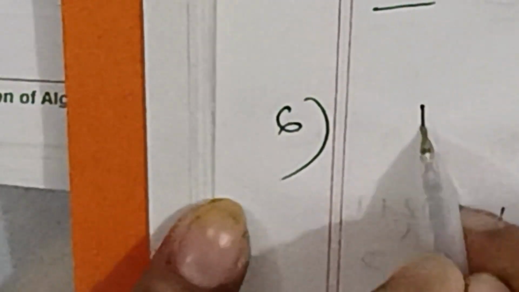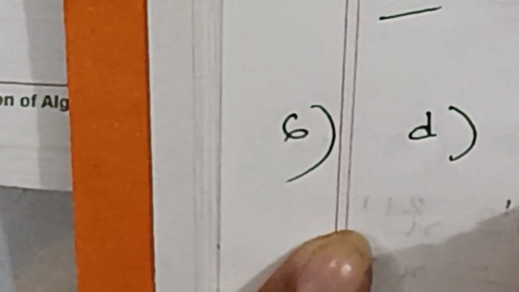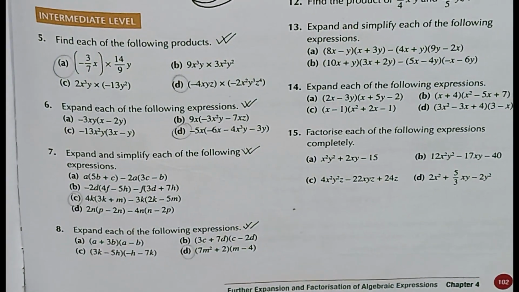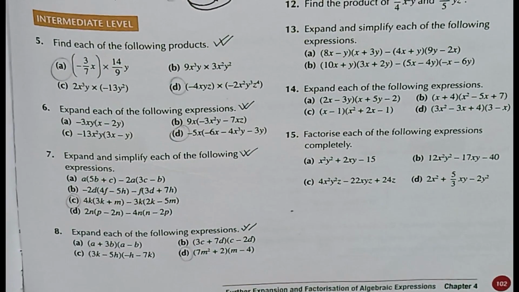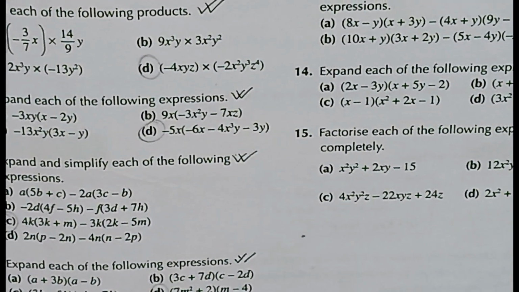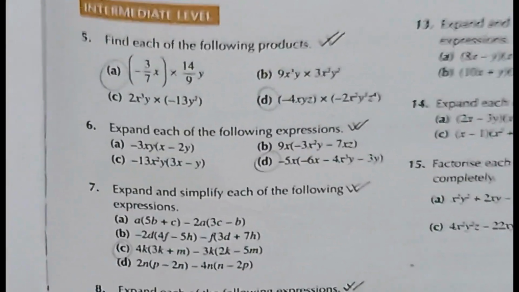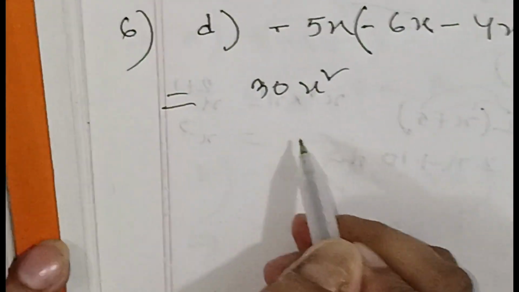Now number 6: expand each of the following expressions. I think you can do A, B, C, I will do D. Minus 5x into 6x minus 4x cube y minus 3y. So same: minus times minus is plus, 5 sixes are 30 and x into x, that means x square.